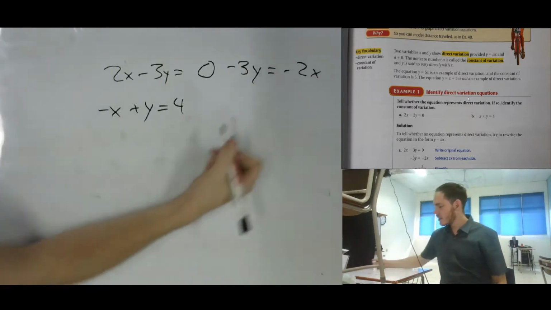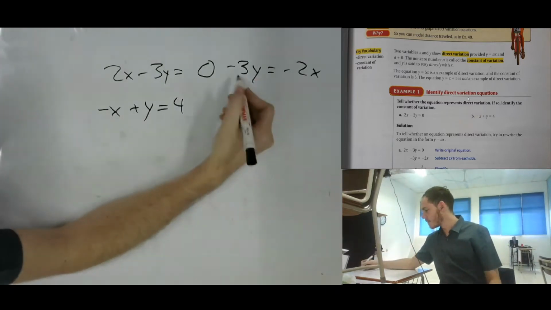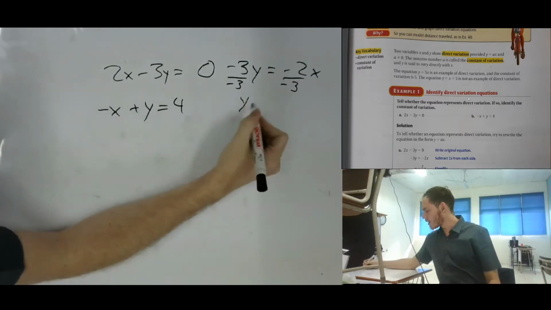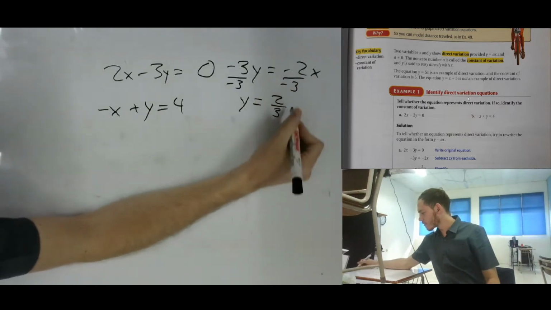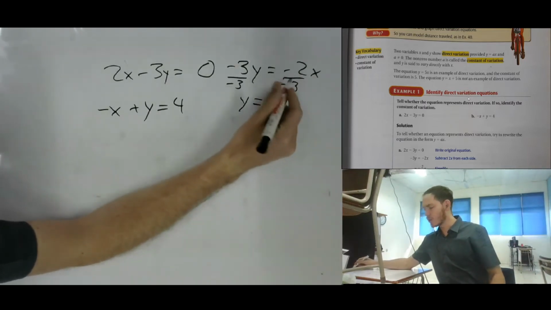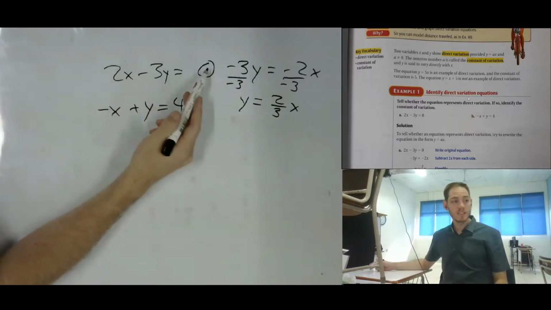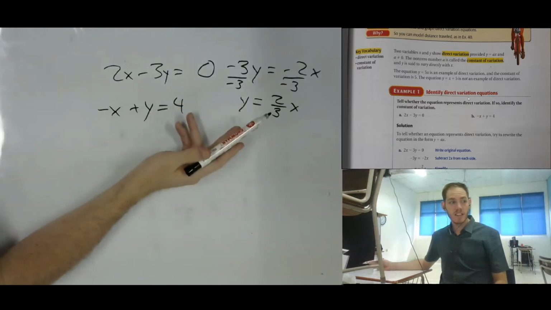Right? And then we're going to divide both sides by -3, and we get y equals 2 over 3 x. Right, because these two are negatives. I subtracted the 2x over, that's how we got negative, and then divided.